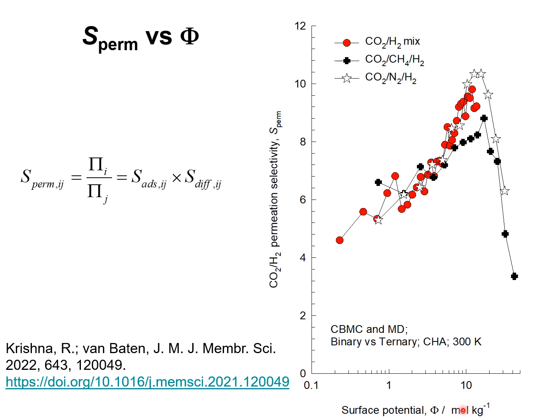Therefore, the key conclusion is that you can predict the characteristics of permeation in binary and ternary mixtures using information on unary systems.